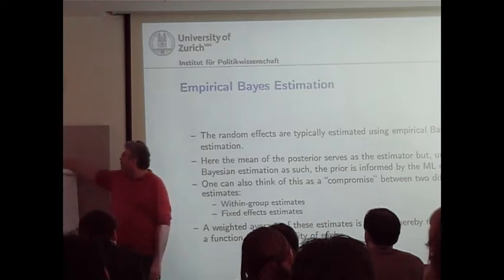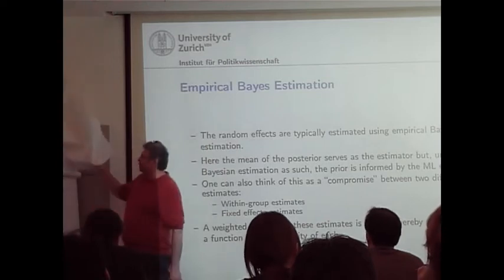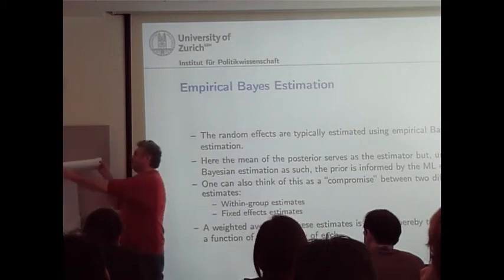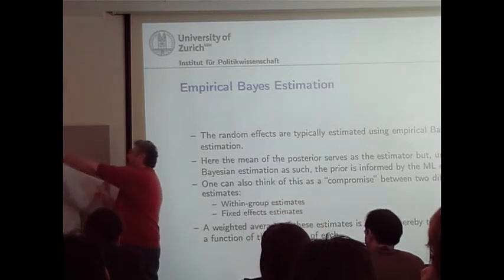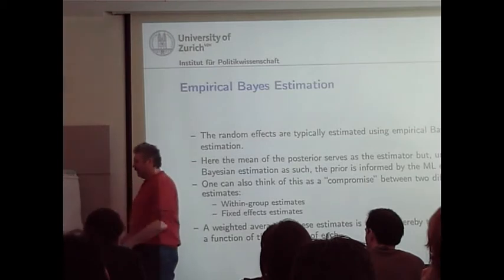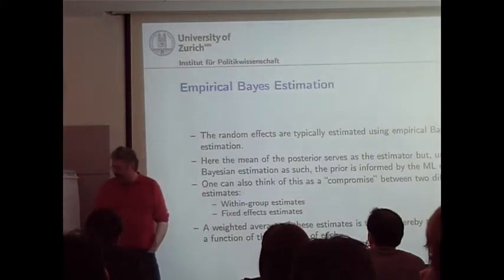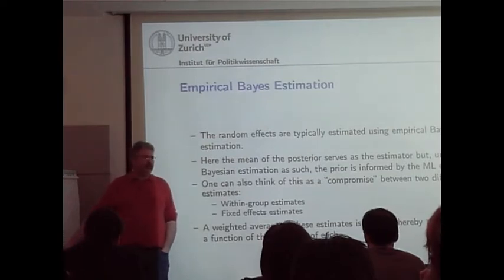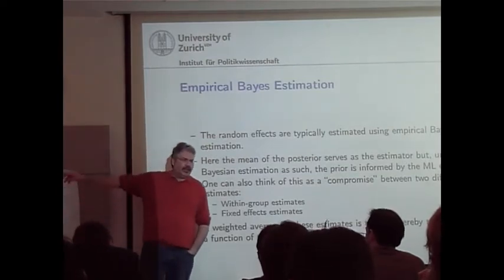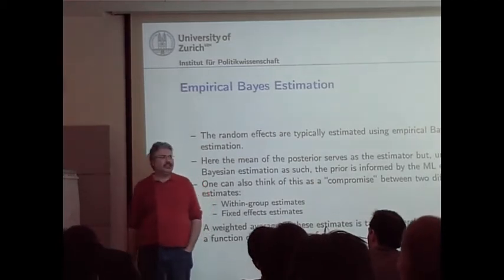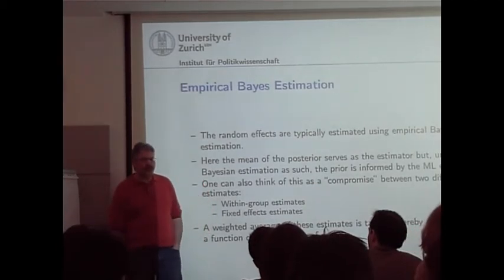And to go back to this example that I had before, what they actually end up doing is they end up saying, well, we have an estimate of the grand mean that informs us about the groups, and we have estimates of the group means that inform us about the groups.